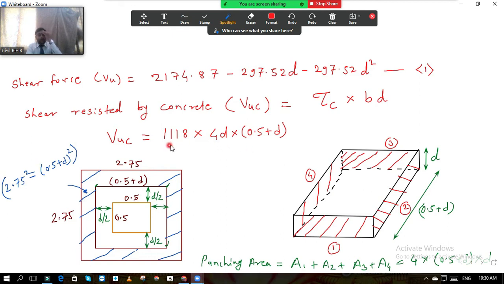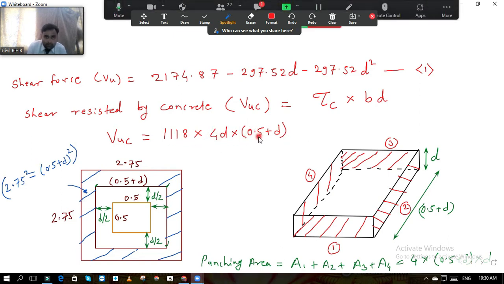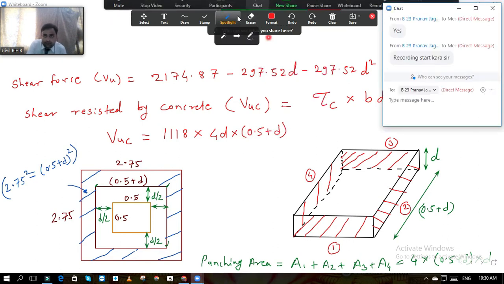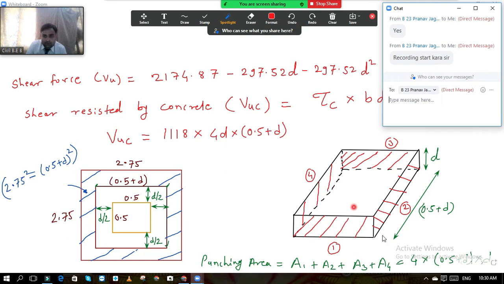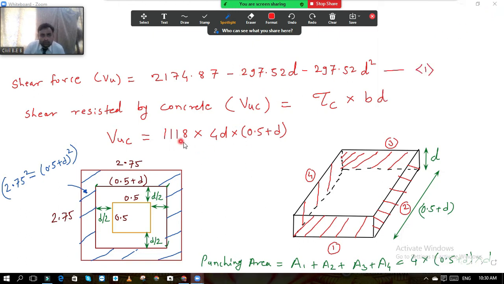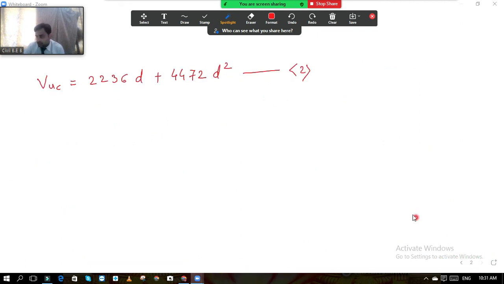If you multiply 1118 into 4d by the terms inside this bracket, once you have to multiply by 0.5, again you have to multiply by d. So 1118 into 4d into (0.5 plus d). Okay, so if you multiply inside this bracket, you will get the answer like this. This is your answer. Just 1 minute.